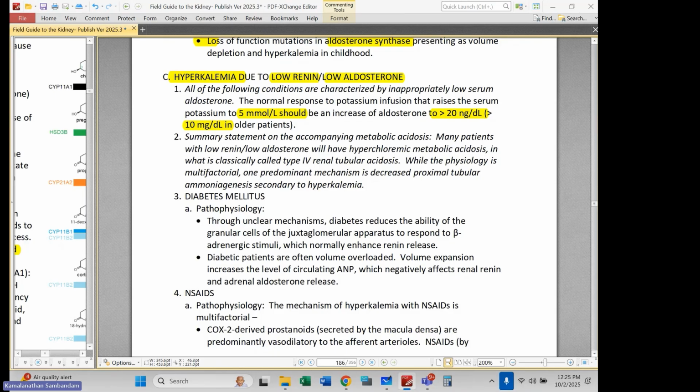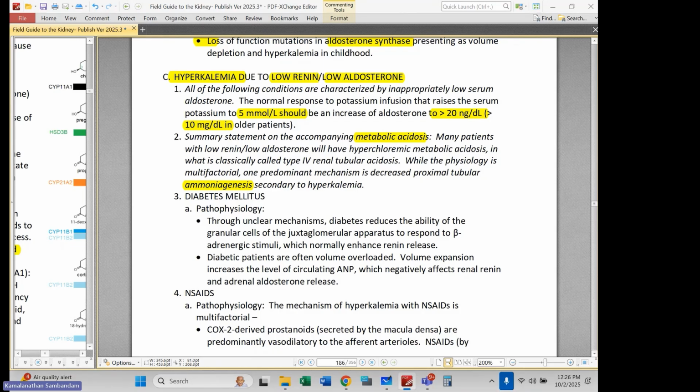Okay, same statement about the cause of metabolic acidosis. Primarily, it's an issue with production of ammonium. Many times, let me make this point, many times these patients with low renin, low aldo, or just low aldo and even high renin, if you correct the hyperkalemia, the metabolic acidosis often corrects without giving sodium bicarbonate.